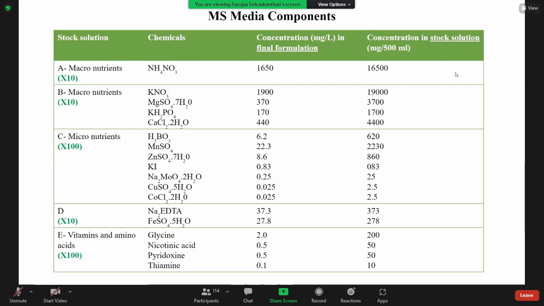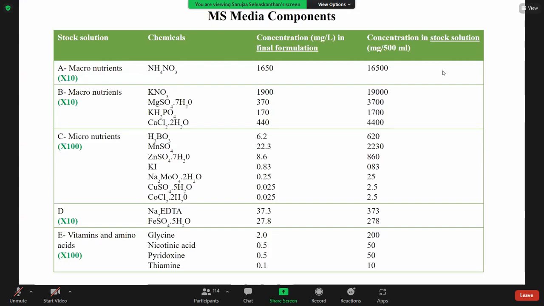right? We measure 16,500 milligram ammonium nitrate, pour it in the conical flask, pour 500 milliliter of distilled water, and put a magnet inside, right? And we can keep it on the magnetic stirrer.